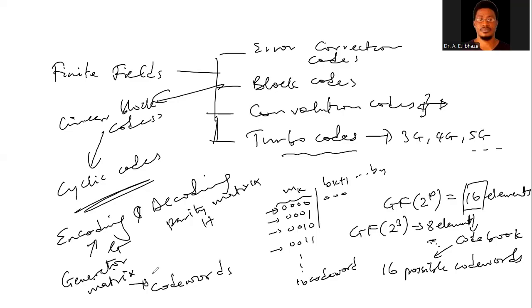But the bottom line is we've been talking about message symbol and that the information is contained in this message symbol. So the fundamental question now is, what is information? Okay? How do we describe this information that we are trying to say is in this message bits?